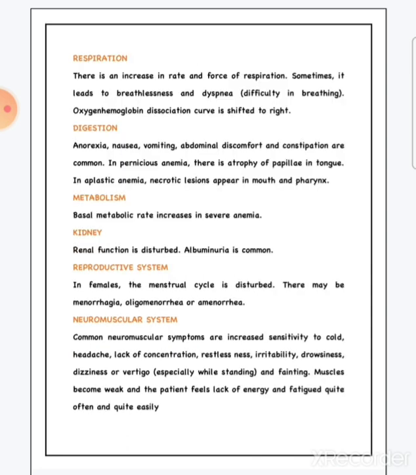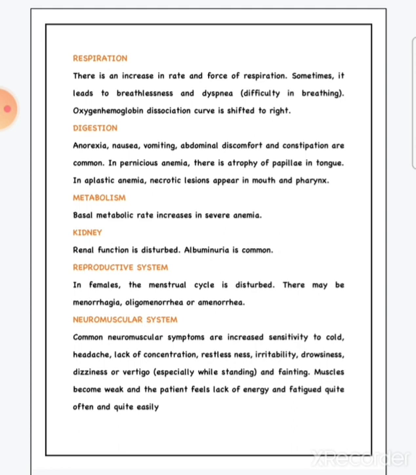Coming to the respiration, there is an increase in rate and force of respiration. Sometimes it leads to breathlessness and dyspnea, that is difficulty in breathing. Oxyhemoglobin dissociation curve is shifted to the right in anemia.